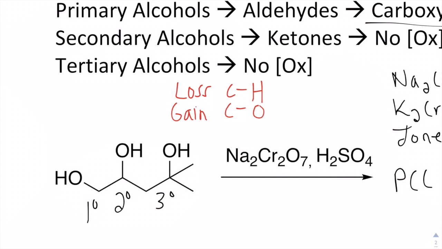So primary alcohols, and we know that this is actually a strong oxidizing agent because it's one of those chromates, so metal chromates, so strong oxidizing conditions. So primary alcohol, strong oxidizing conditions is going to take it to a carboxylic acid. Excuse me. For the secondary, we're going to go all the way to the ketone. There's no possibility to go to the carboxylic acid due to its substitution pattern.